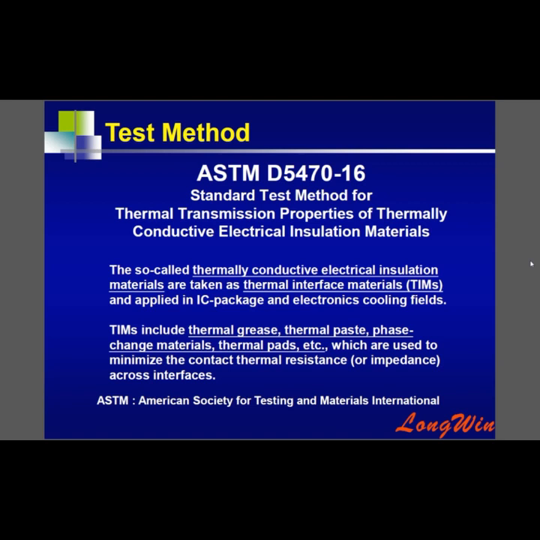This is the standard test method for thermal transmission properties of thermally conductive electrical insulation materials. And 16 actually means 2016, so this standard was published in 2016.